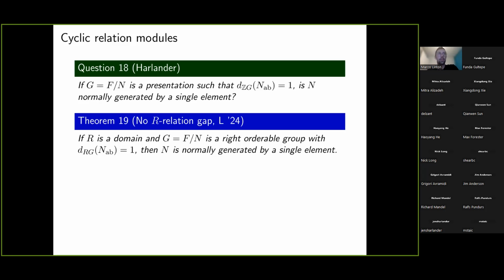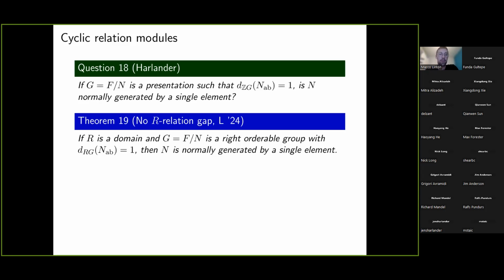I've stated a slightly more general version of the specific case, where R is a domain and not just Z. And that's because over R, there is no relation gap for right orderable groups, but it's not true that you can lift every relation module generator.